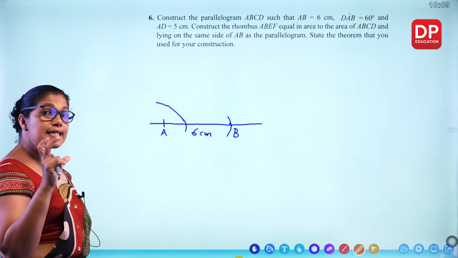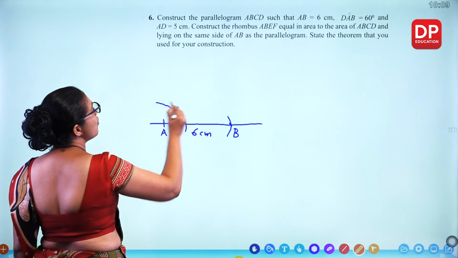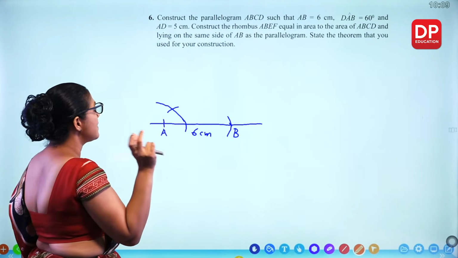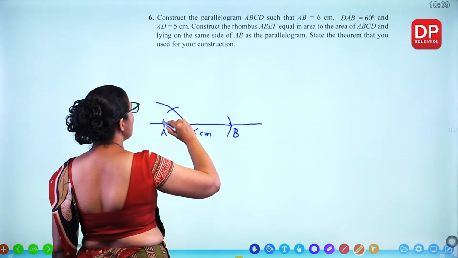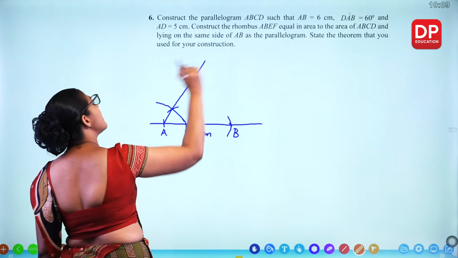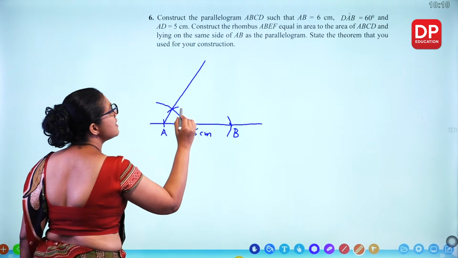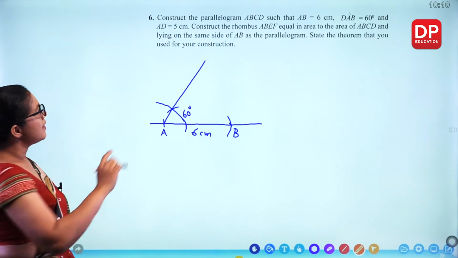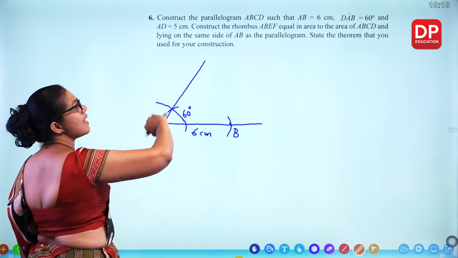So take the same length, keep it here and draw an arc. Then connect these two points. So that's the 60 degree angle, DAB. So the D point should be on this line.